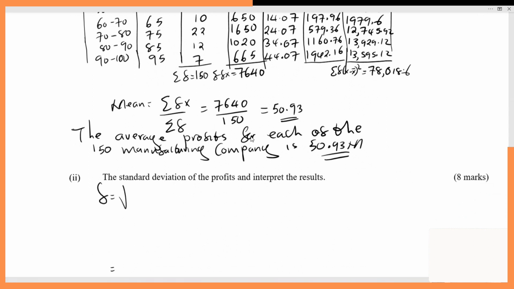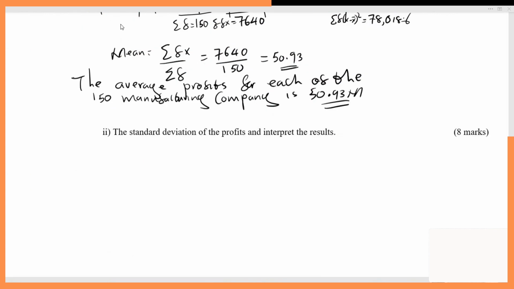Now, we need to find our standard deviation. Our sigma is the square root of the variance. In part 2 we are supposed to look for the standard deviation.